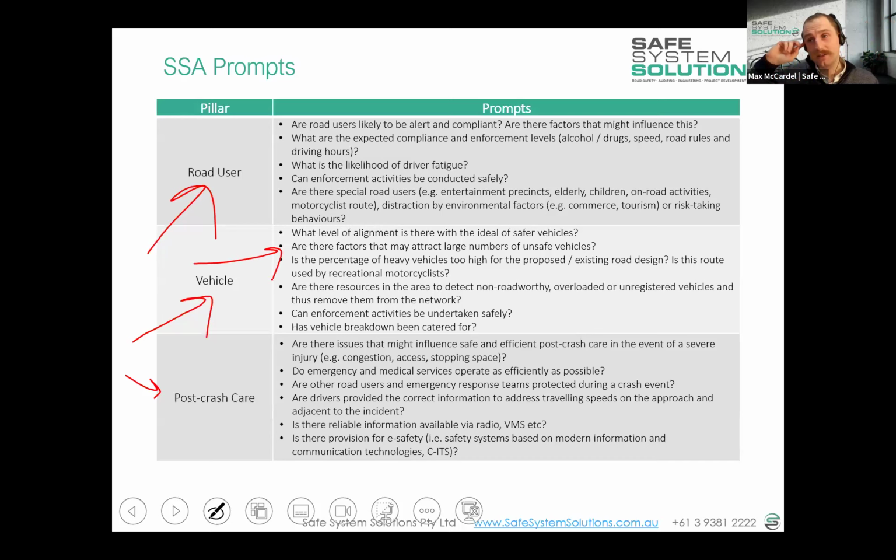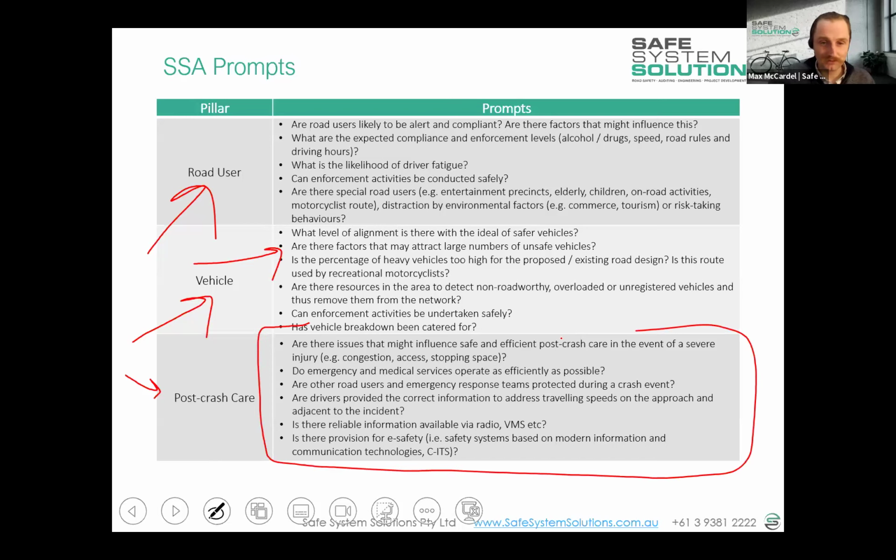Post-crash care is referencing if a serious incident does occur, how accessible is this site? An example of this where this was very much looked into, we were completing a safe system assessment on a road that led up to the mountains in Victoria, and it was very inaccessible.